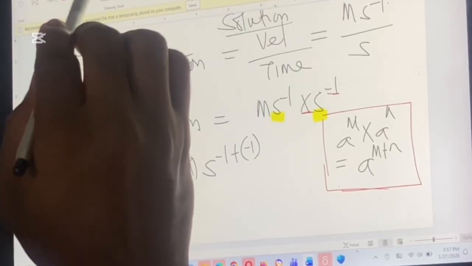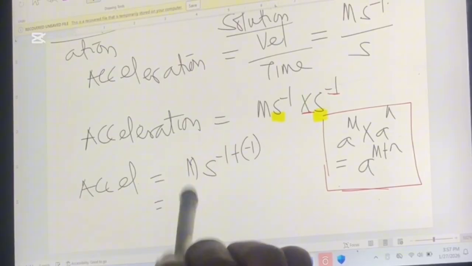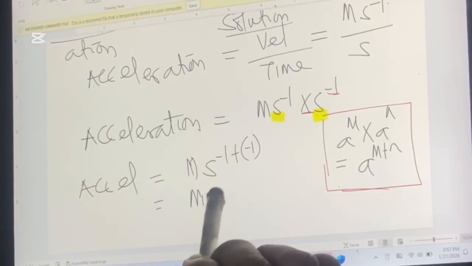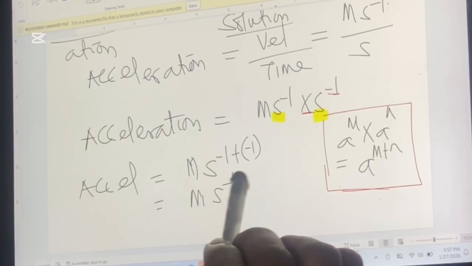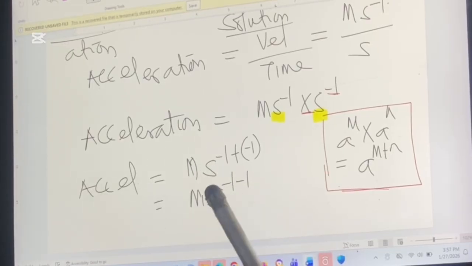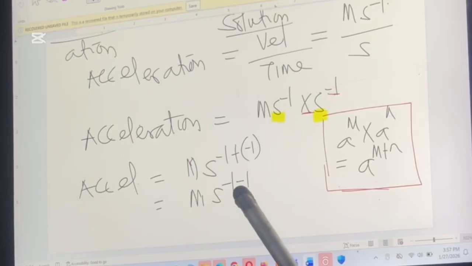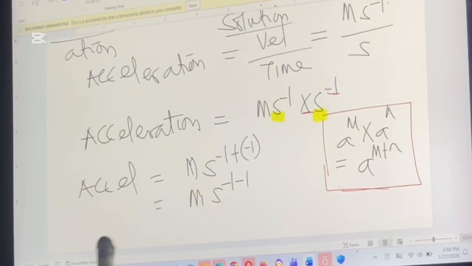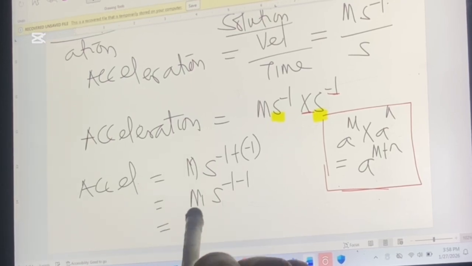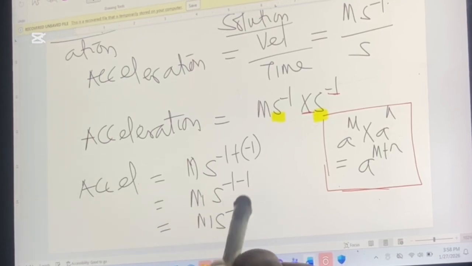So I will have this to be equal to meter per second raised to minus 1 minus 1. So minus 1 minus 1 is going to be minus 2. You are owing 1 and you are owing 1. So in total you are owing 2. Please take note, minus 1 minus 1 is not plus 1, it is minus 2. So I will have this to be equal to meter per second square.